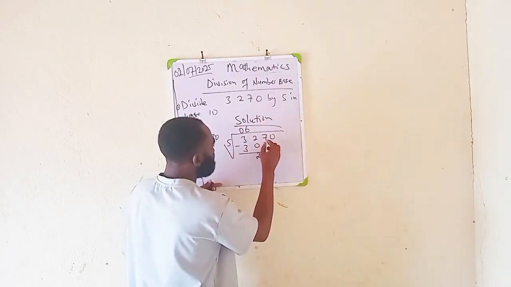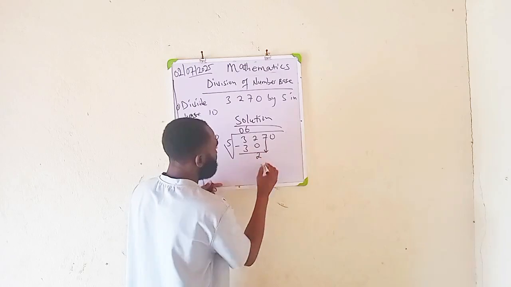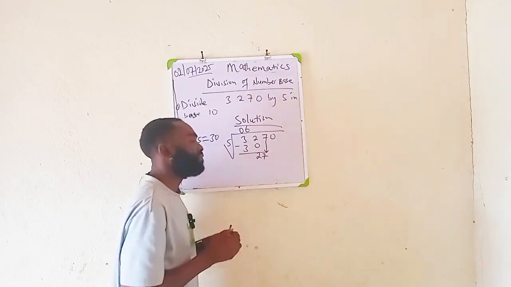So you push the third digit, making this 27.